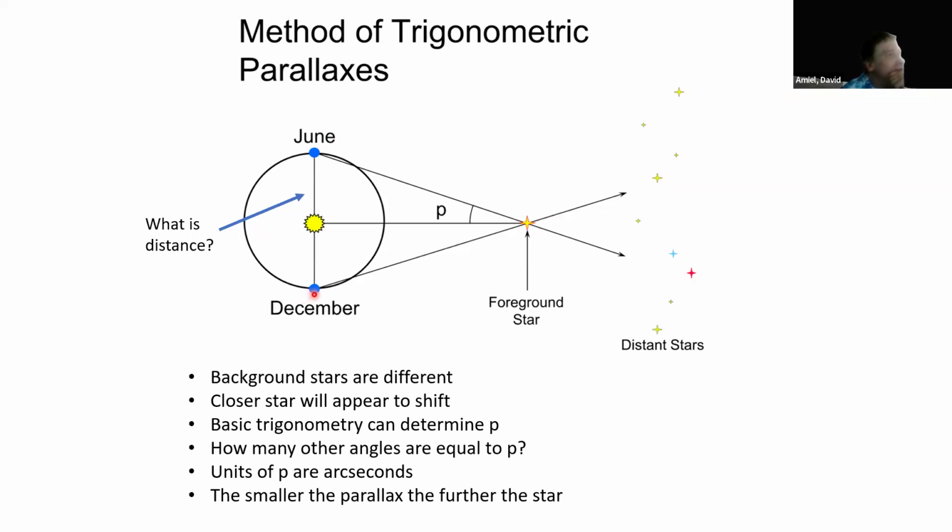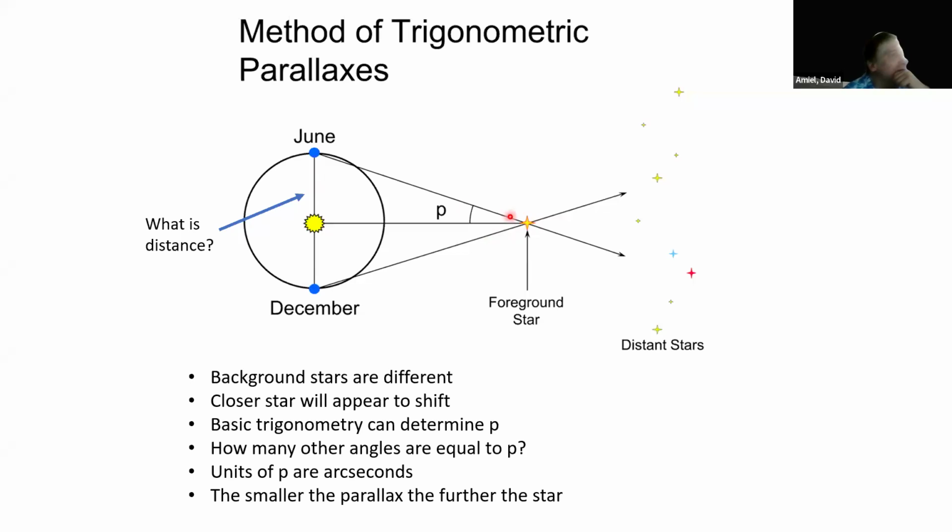And here in December is a line of sight to the star. In June is another line of sight to the star. And you're seeing several triangles here, are you not? You're seeing one, a height of a giant triangle.